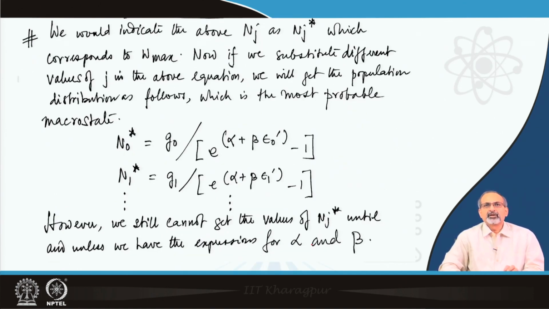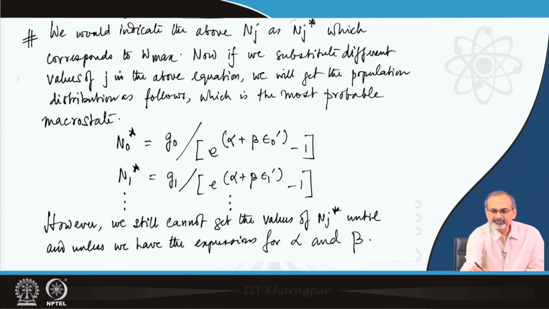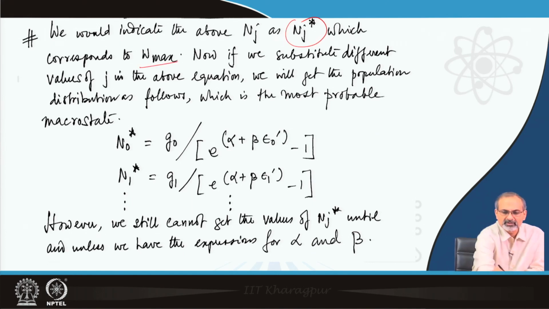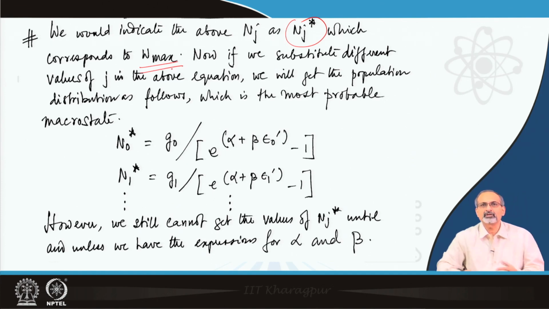This particular population distribution will be represented with a star in the superscript, just to indicate that it corresponds to W max. So, it is not a general distribution, but a rather particular distribution where we are talking about maximized microstates, and corresponding to that, when we write down the Nj, we write it with a Nj star in the superscript, just to distinguish it.